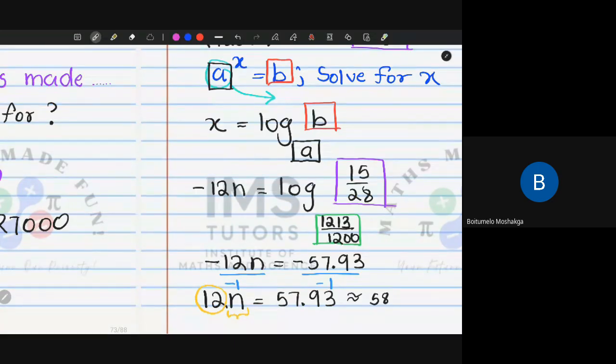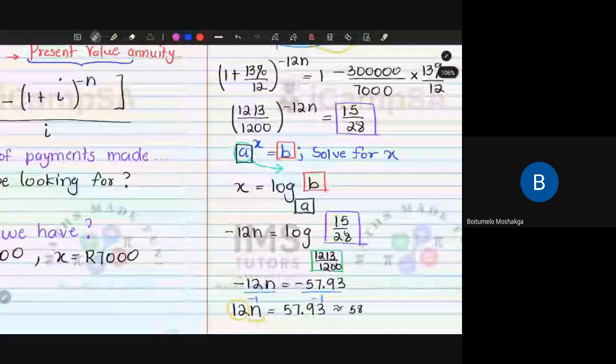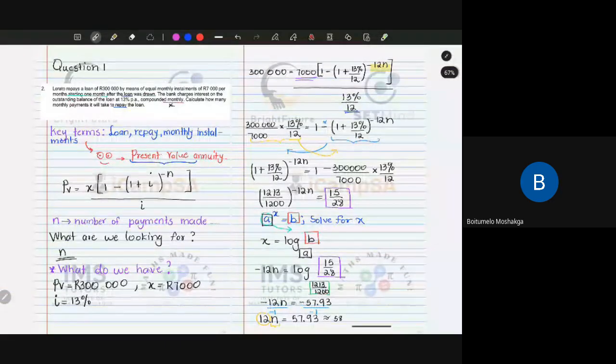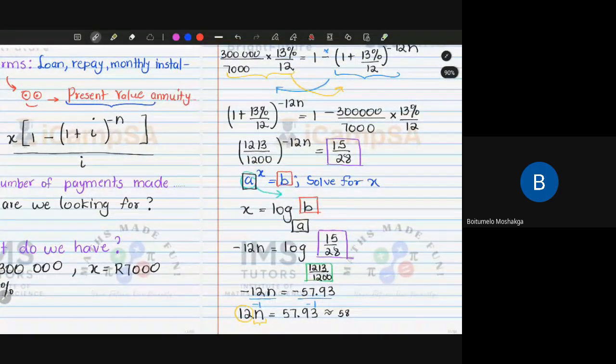Do you guys understand? If you don't, please make sure that you do unmute. So 12 times n, we are paying monthly, so that is why we have 12, guys, times n. N is the number of years. If I use the formula where I put in the 12 on the exponent, 12 times the number of years will tell us how many times we made payments here.